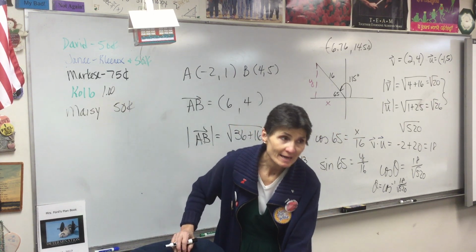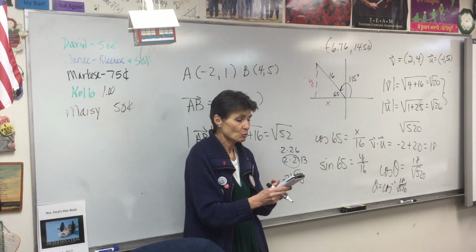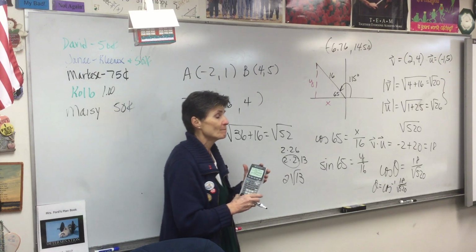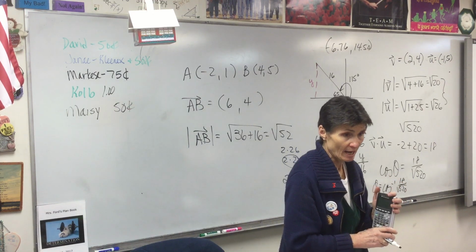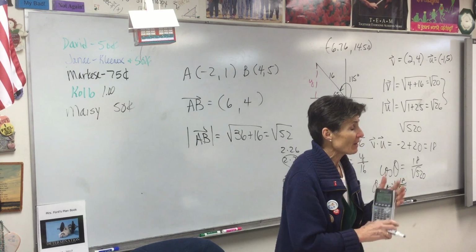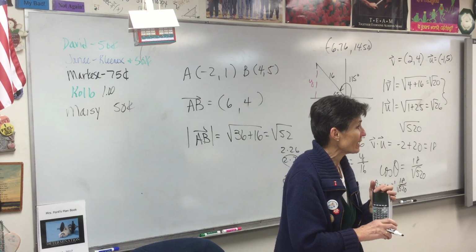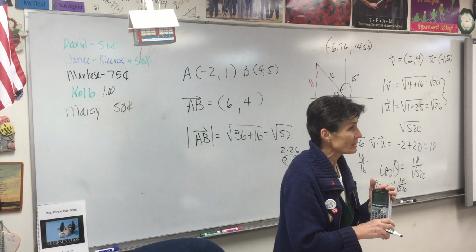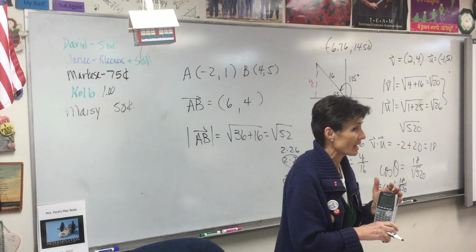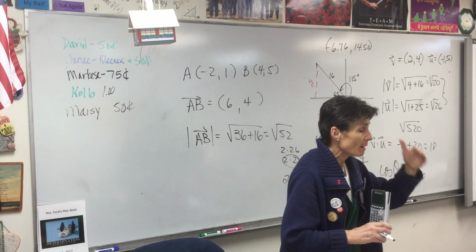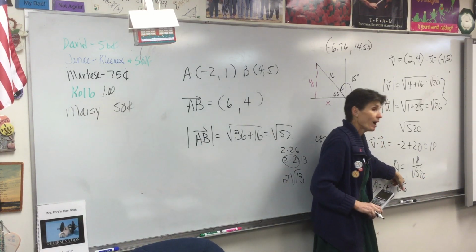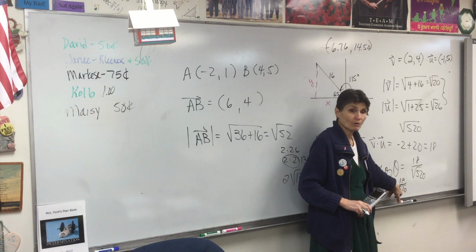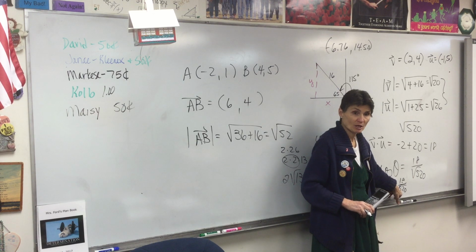So to find the angle between two vectors, it's always going to be an inverse cosine. The number that you take the inverse cosine of is the dot product over the magnitudes multiplied by each other.